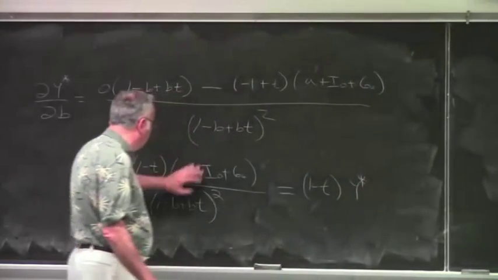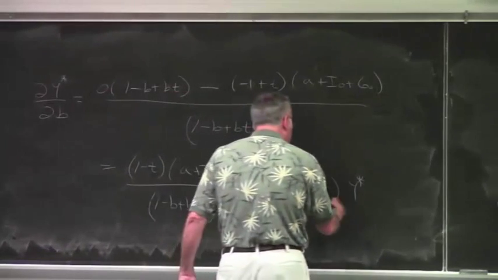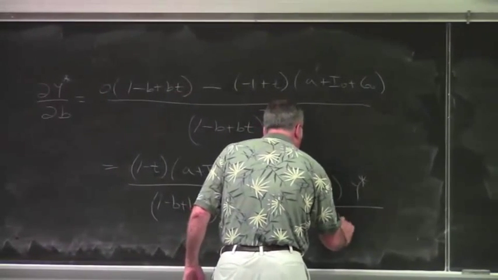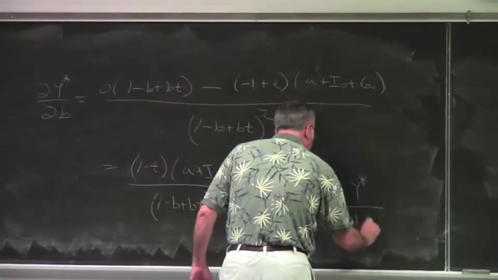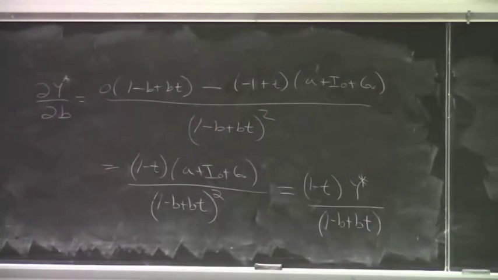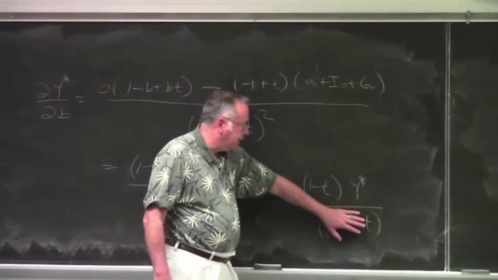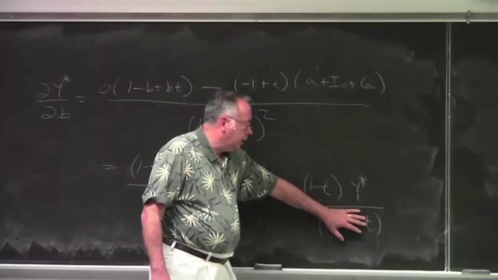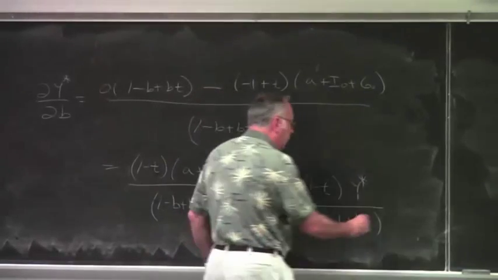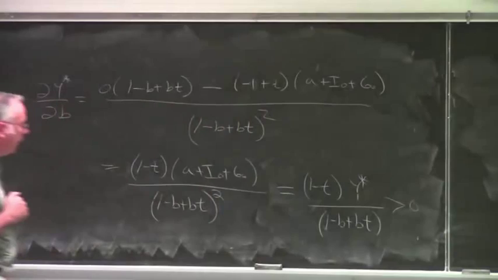Notice this over one of these is y star, but then you got one of these left. So not only is this positive, but it's going to be quite large because national income is quite large. This is a fraction. So this is going to be quite large. Positive and quite large.